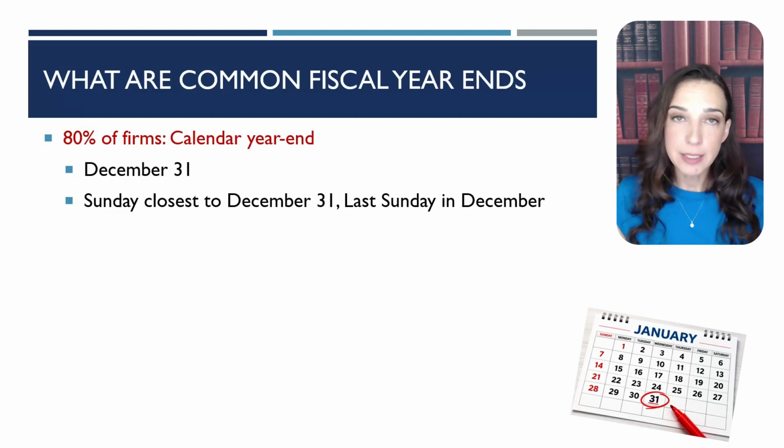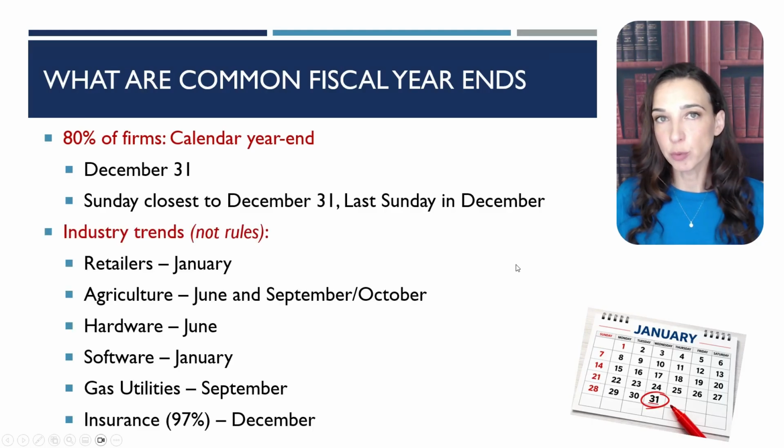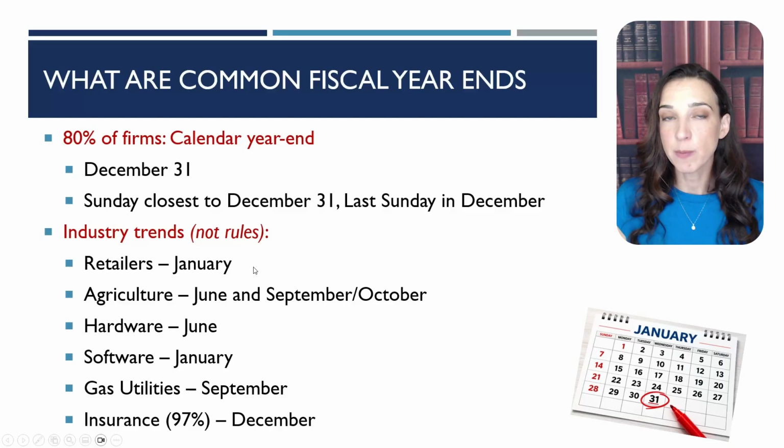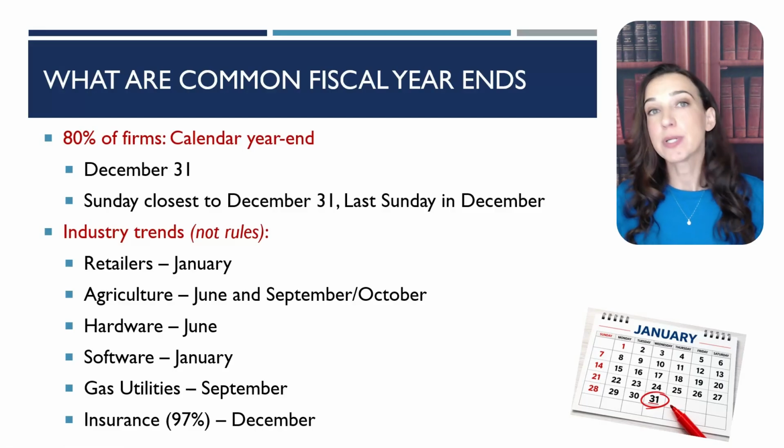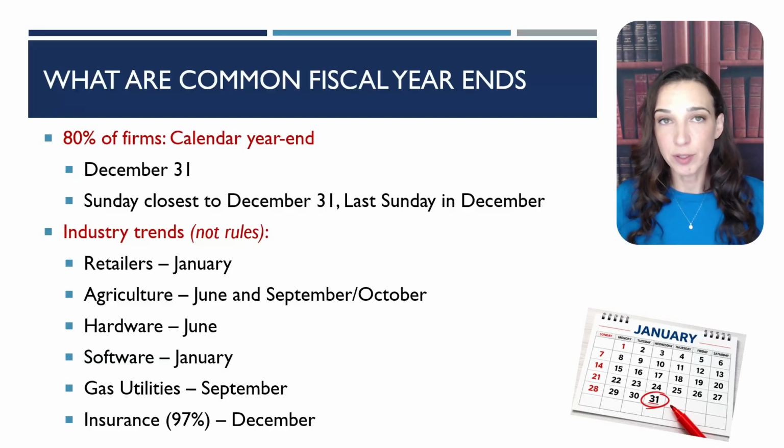For the remaining 20%, the most common driver of your fiscal year end is just what industry you belong to. We saw for Target, January is actually very common for retailers in the United States. Why? Because December is crazy. December is the holiday season where your sales are very large, your inventory management is very chaotic.